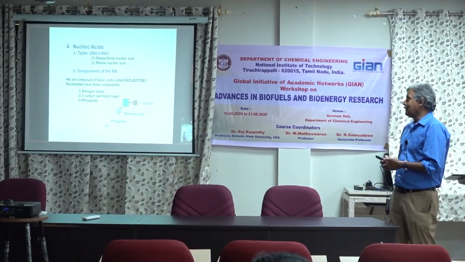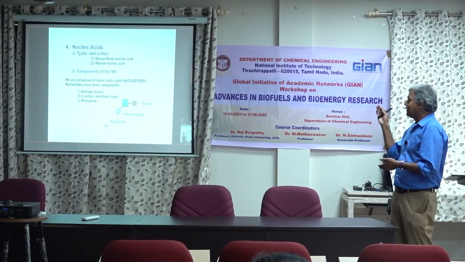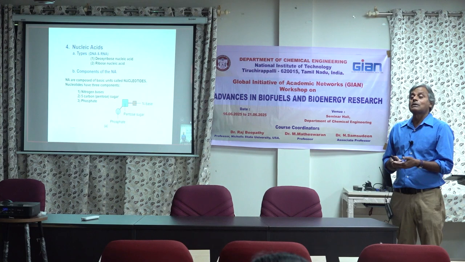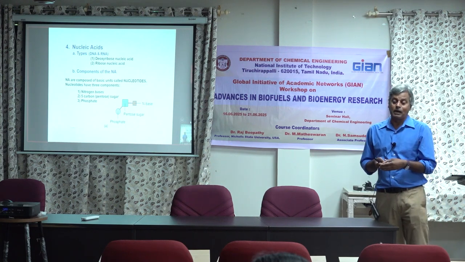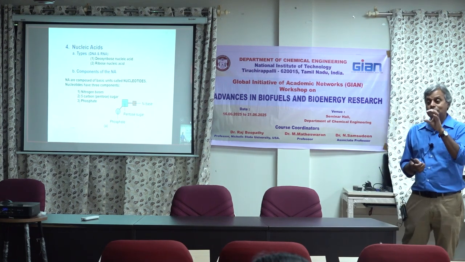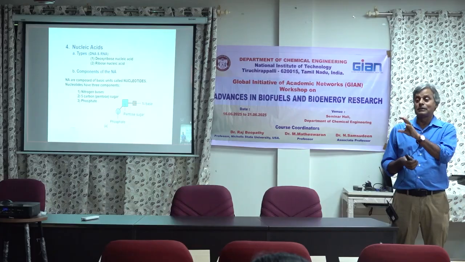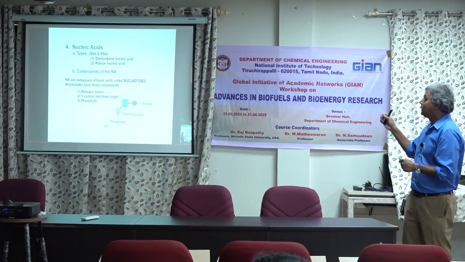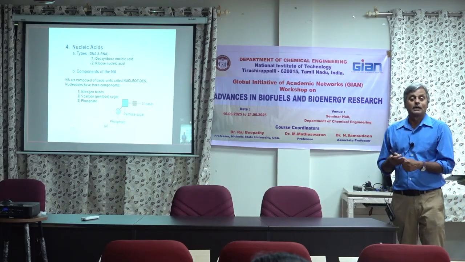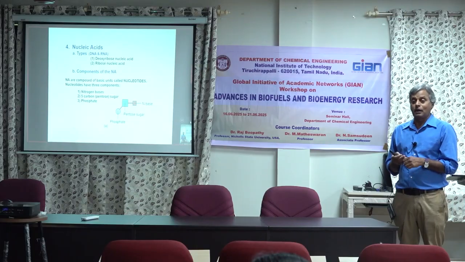The thing that makes them is what we call a nucleotide. The nucleotide has three parts. It has a nitrogenous base, a compound that has nitrogen in its structure, and a sugar, which is a pentose, a 5-carbon sugar.